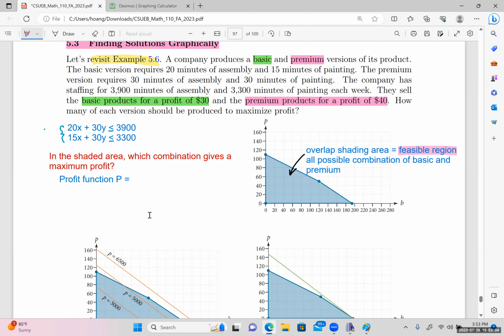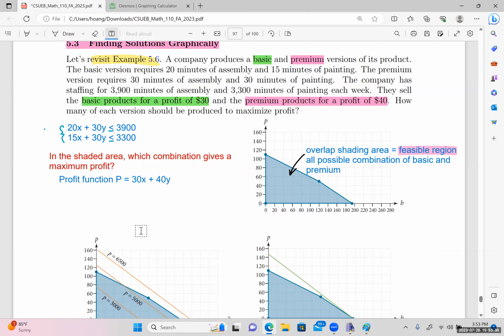Basic will be green. So each basic is $30 times how many items of basic? X. Plus $40 for each premium. How many premium do we have? Y. So profit will be 30x plus 40y.